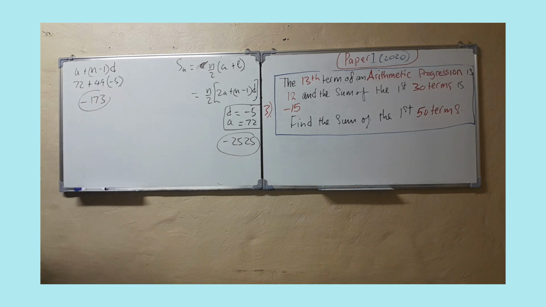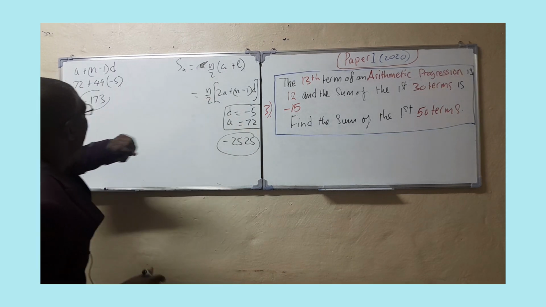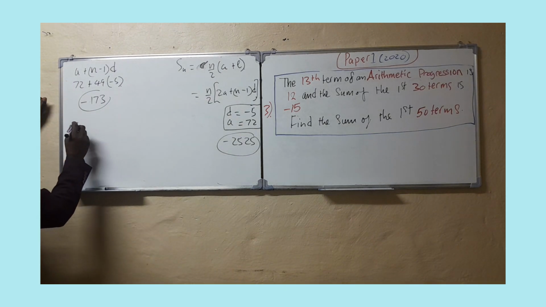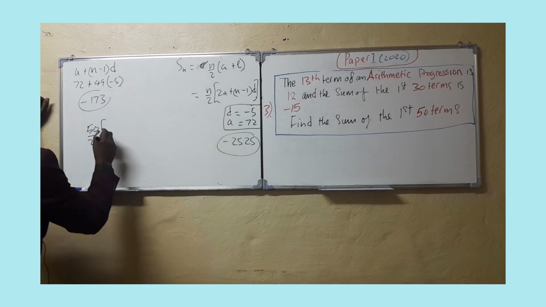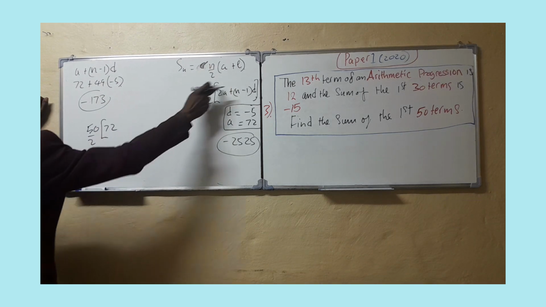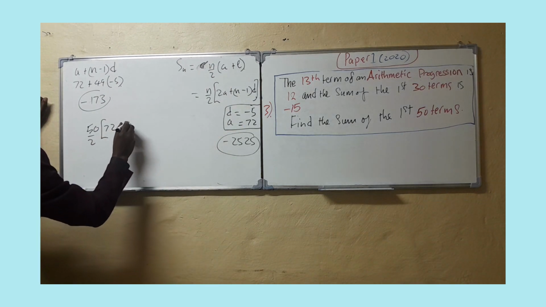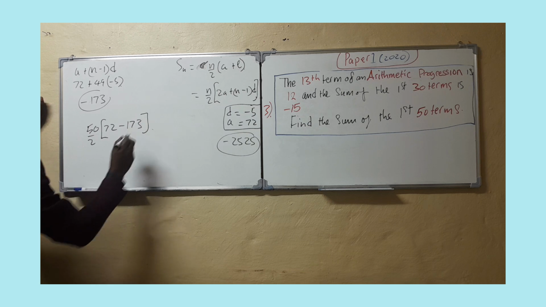So subtracting the smaller one from the bigger one. So that one is there. So when we come over here, we can now say, therefore, our sum will be n is 50 divided by 2. Our a is 72. And then our l is minus 173.